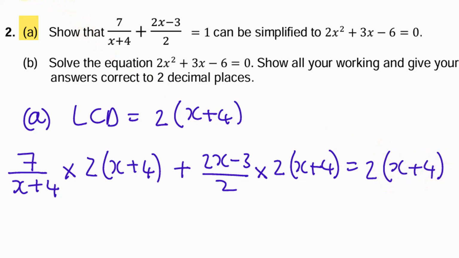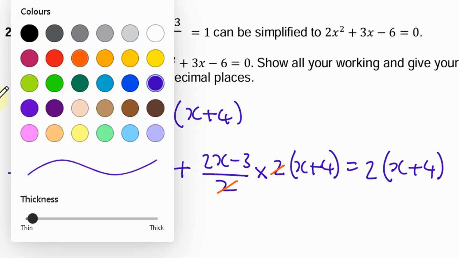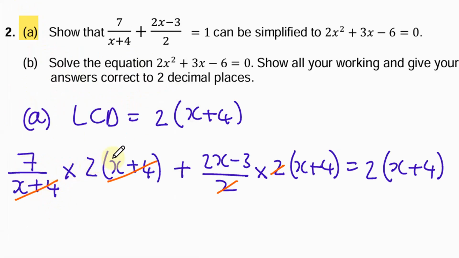Now we can simplify. x plus 4 will cancel here, 2 will cancel here. And what we are left with of the first term will be 7 times 2, which is 14.